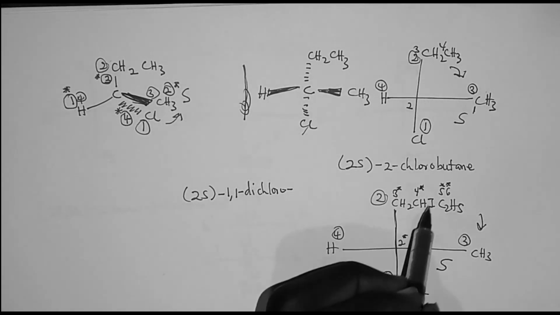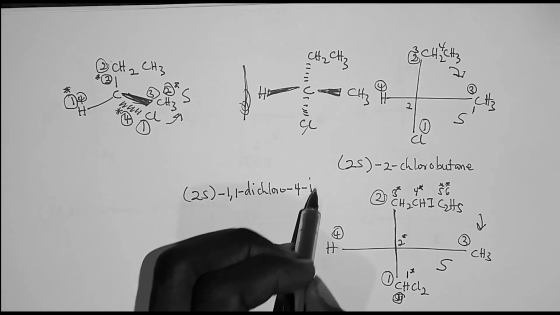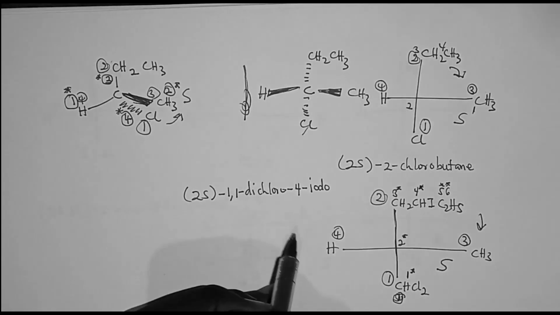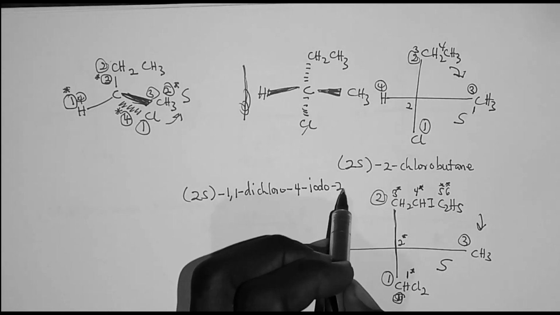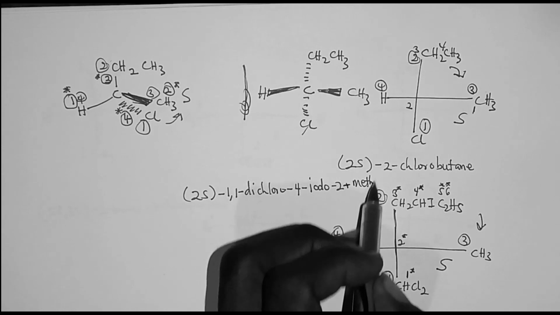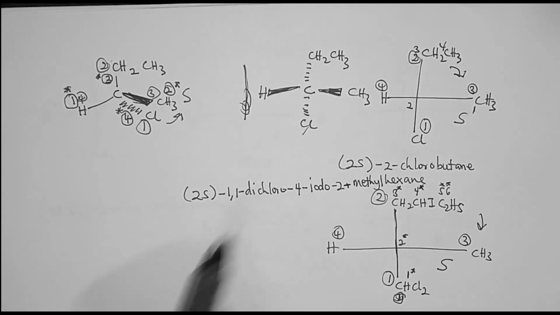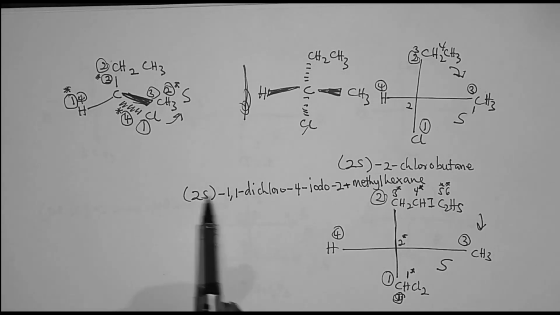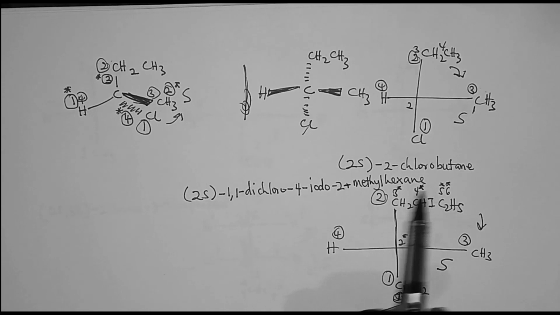And then the iodine is on carbon number 4, so 4-iodo. And then the methyl is on carbon number 2, 2-methyl. The total number is 6, so it is hexane. And therefore the name of this molecule is 2S 1,1-dichloro-4-iodo-2-methylhexane.